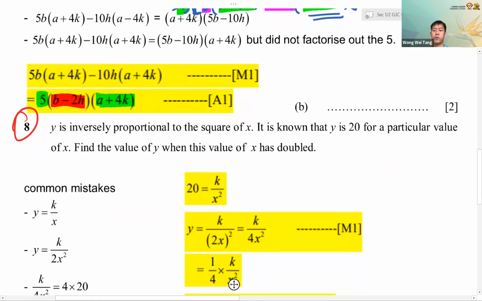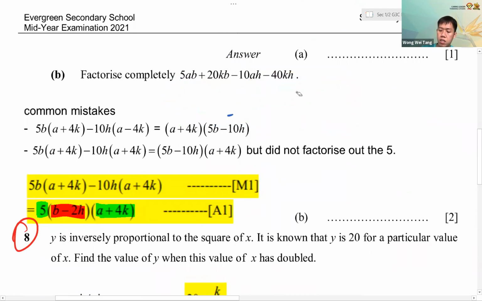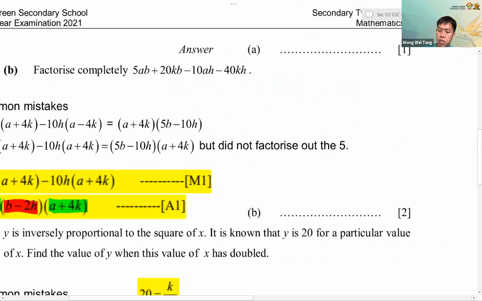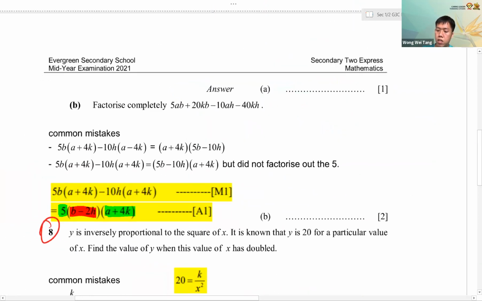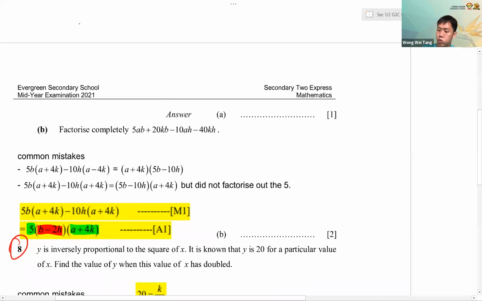Okay, so y is inversely proportional to the square of x. I'll just do it at the side. So straight away, y equals k over x squared. It is known that y is 20 for a particular value of x, a specific value of x.